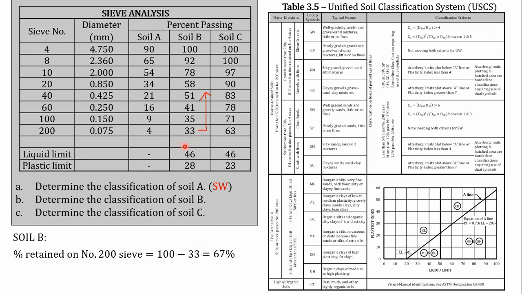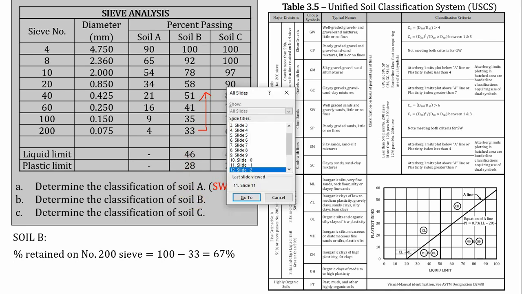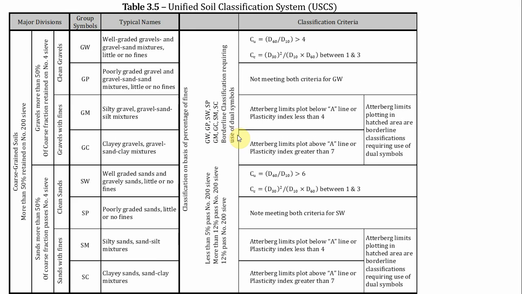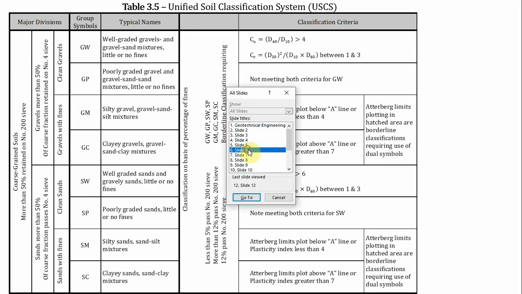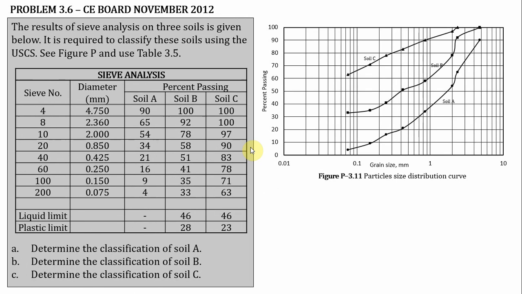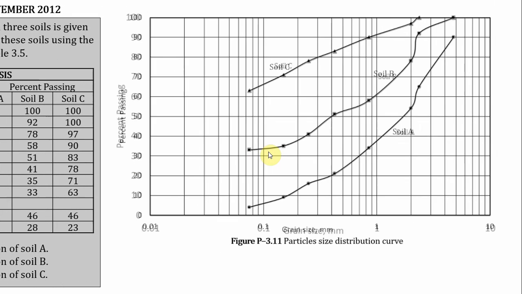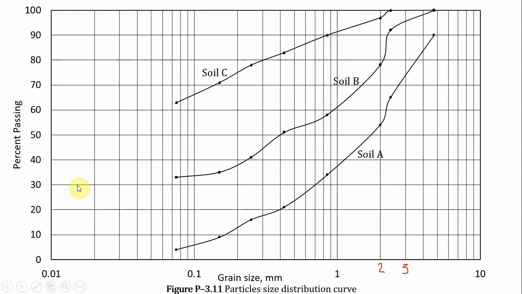So therefore, we cannot solve CU and CC there. Let me check again. Which one was that? Number 4? I think it's number 6. Okay, so here, class, looking at soil B, its 30% passing is none, no value. And the diameter of 10% finer also has no value.